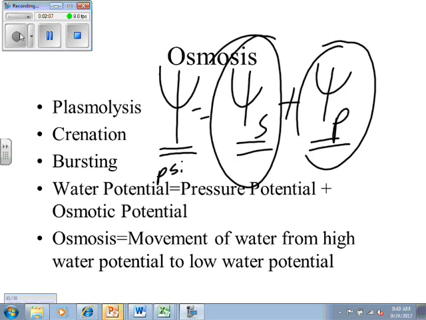Now, a couple of key things you need to know about water potential. Number 1, pure water has a water potential of what? This was in the reading too. Pure water in an open container has how much water potential? 0. So that's a water potential of pure water.